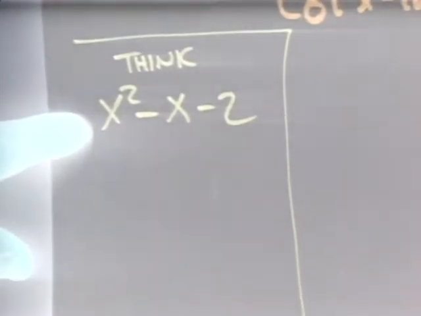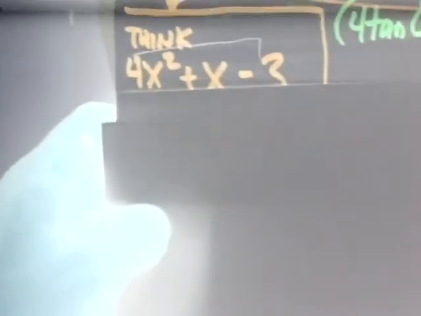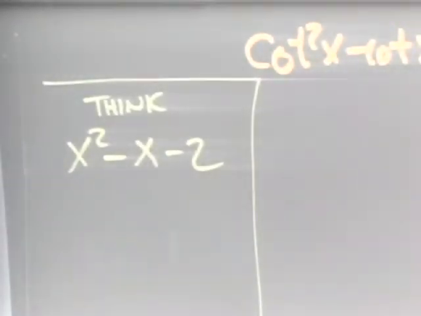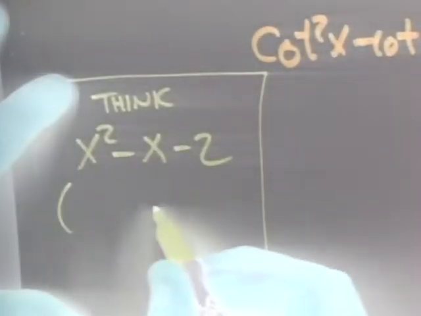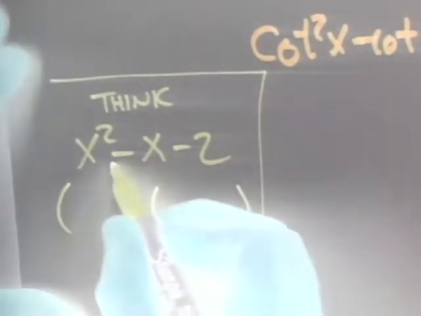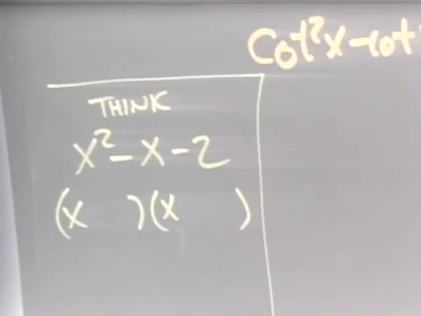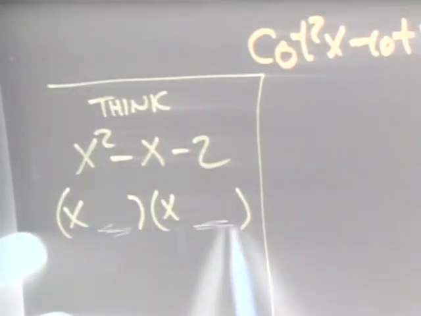When I factored this a little while ago, I had to do the Berry method because of that number there. Without that number there, factoring just means let's drop a couple parentheses. That x squared came from x and x. And then the numbers that go here and here have to multiply to negative 2.